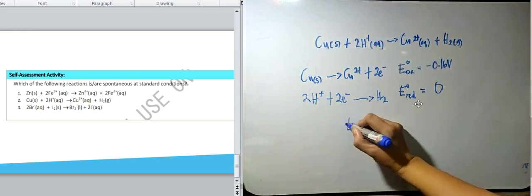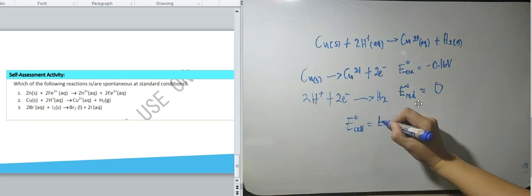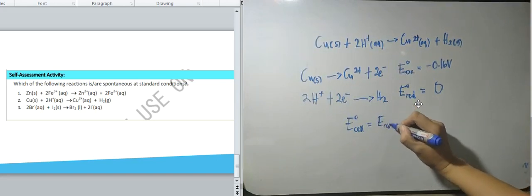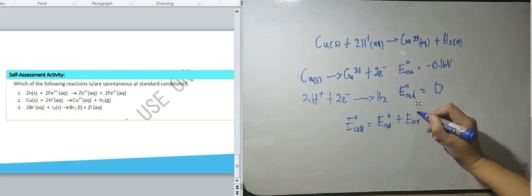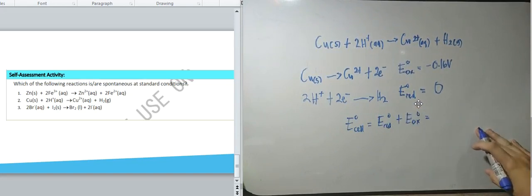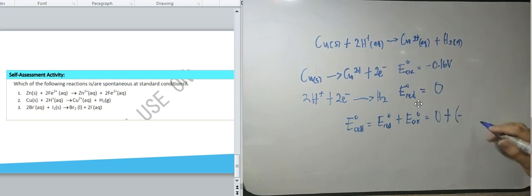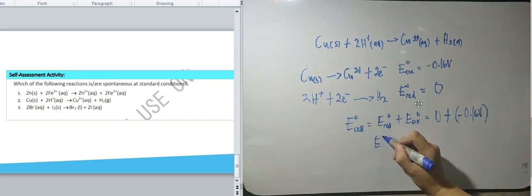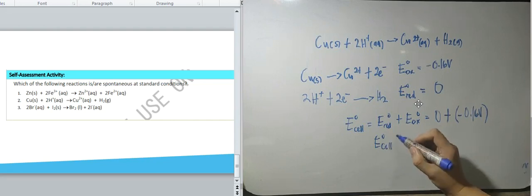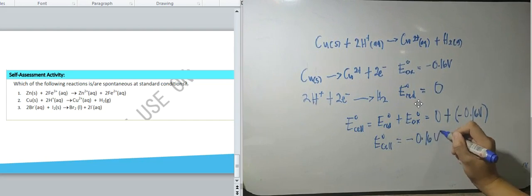So there, we can now compute for the standard electrode potential. We have here E cell naught is equal to E red naught plus E ox naught, which is equal to 0 plus negative 0.16 volts. So therefore, we have a cell potential of negative 0.16 volts.